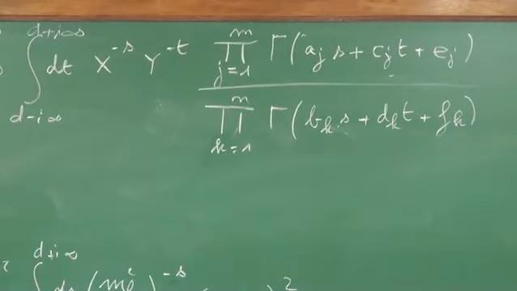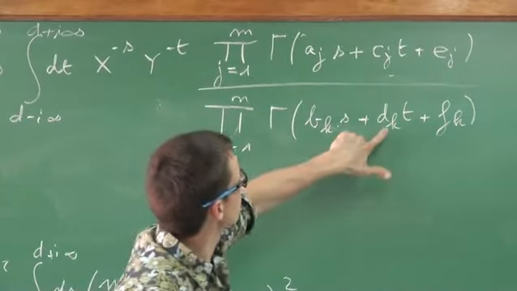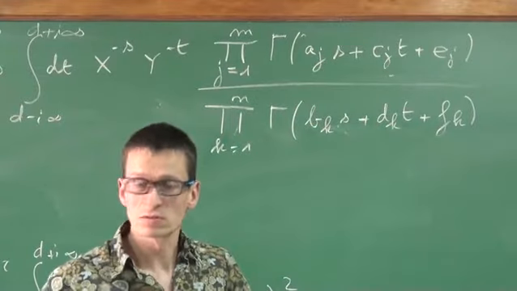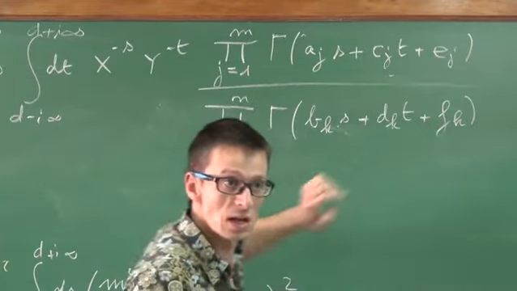Okay, where as before, these objects are real numbers, and these may be complex as well as these.